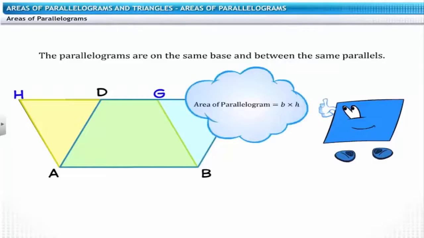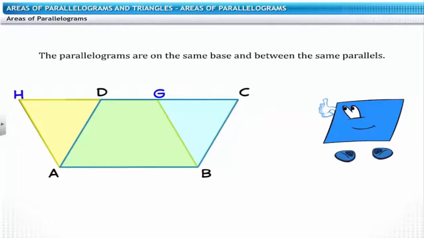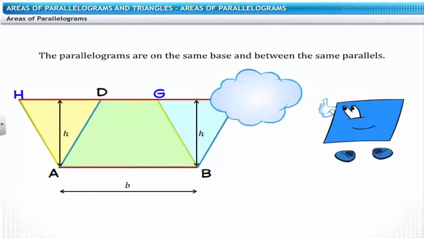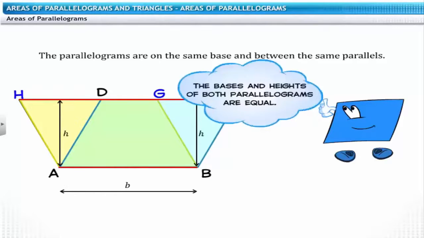You know that the area of a parallelogram is the product of the base and height. In the figure, the base of both the parallelograms is AB. We'll name it B. Since both parallelograms lie between the same parallels, the heights of the parallelograms are equal. We'll name the height H. The bases and heights of both parallelograms are equal.